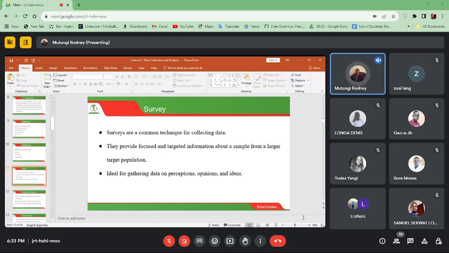So you ask them about perceptions, opinions, and ideas about better nutrition, about stunting. What perception do they have? Do they think it is a disease that can be treated? Do they think that it is something to do with the gods? So they should be able to provide you this information very fast through this survey.